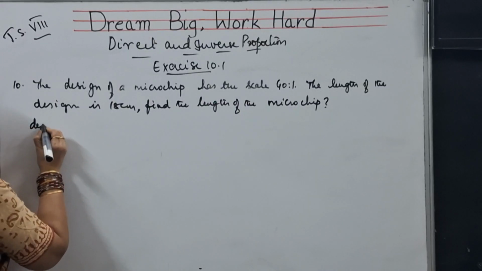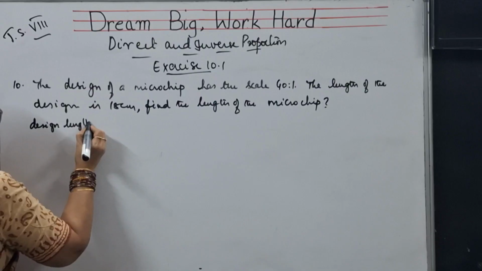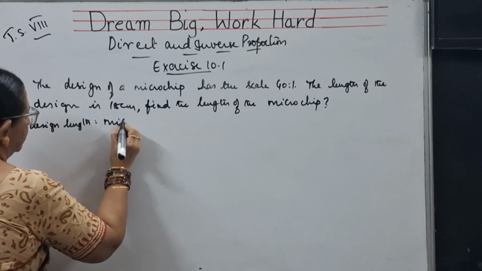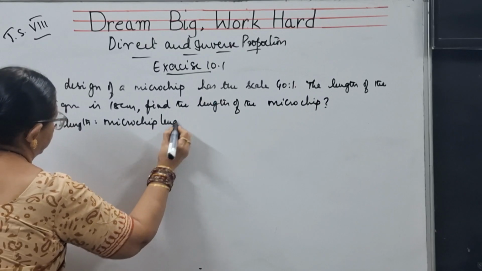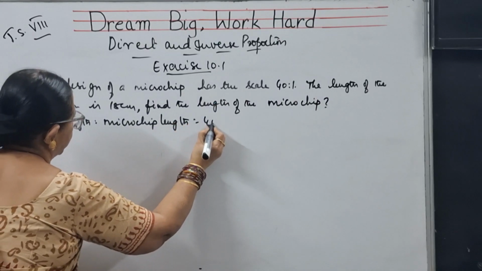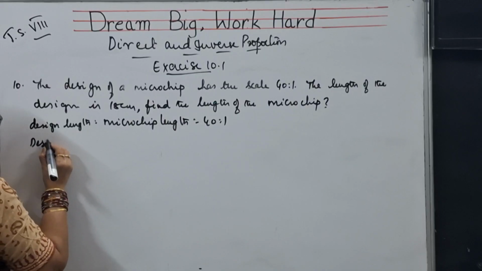That means design length is to microchip length is given as 40:1.